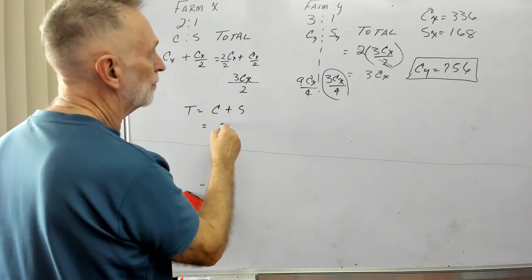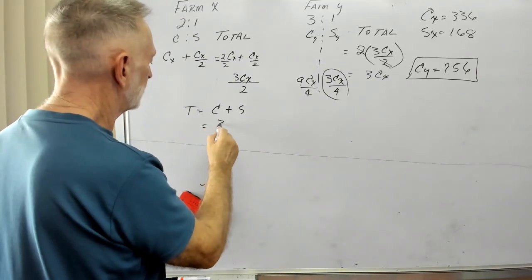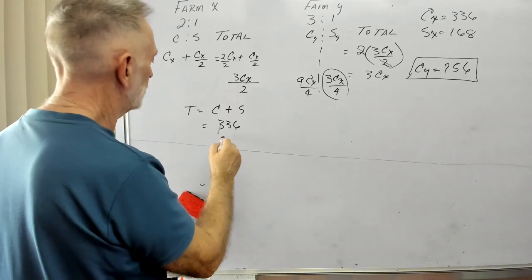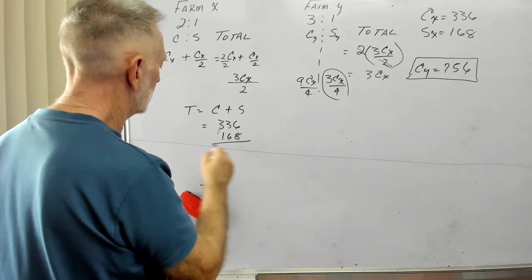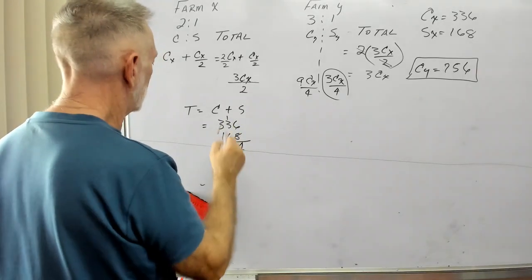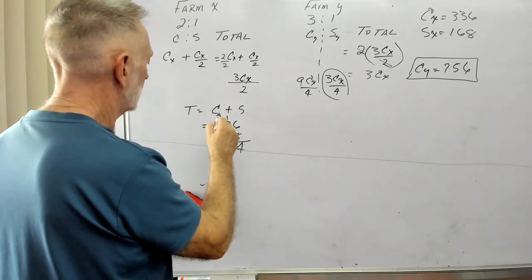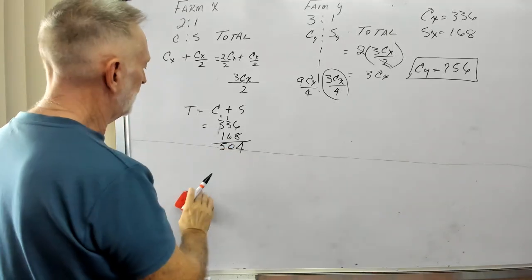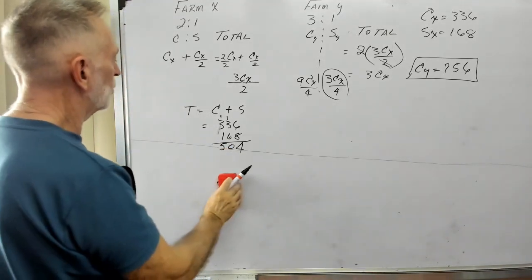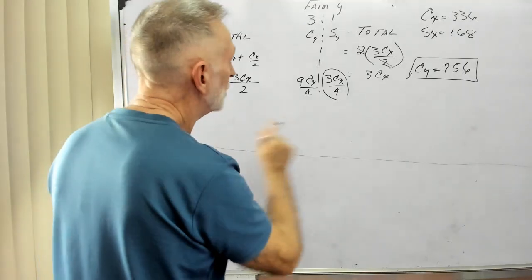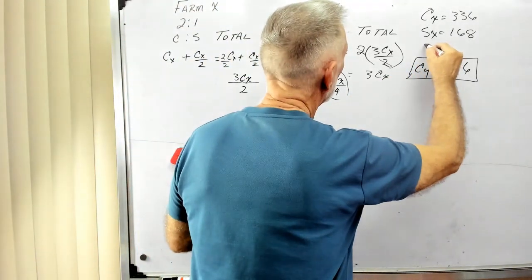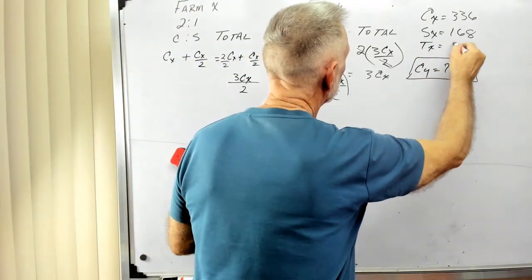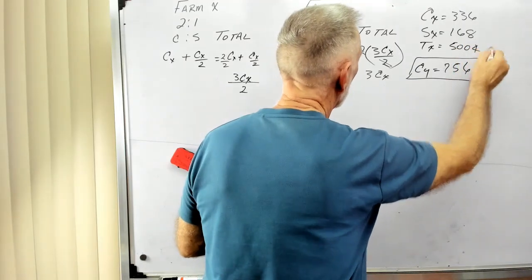So now I have 336 plus 168. That's 14. Carry the 1 is 10. Carry the 1, 4, 5. I have 504 total animals. So total on X is 504.